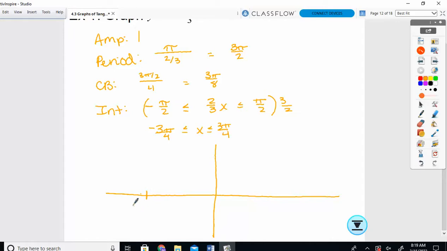So we need 5 total points still. I'm starting at negative 3 pi over 4. Add my count by, which was 3 pi over 8. So negative 3 pi over 4 plus 3 pi over 8 is negative 3 pi over 8. Plus 3 pi over 8 is 0. Plus 3 pi over 8. Plus 3 pi over 8 is 6 pi over 8, or 3 pi over 4.